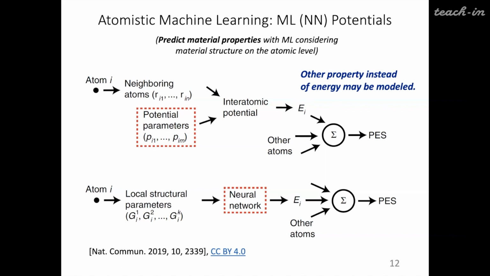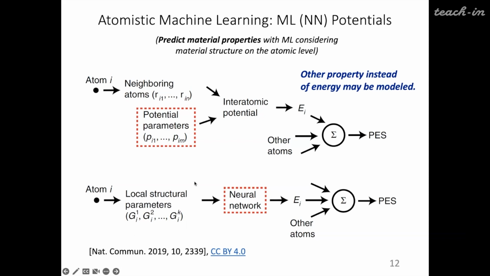However, recently a new approach was proposed. A neural network can be used as a surrogate of a force field. So in this case, we need to describe systems' atomic and molecular structure somehow.